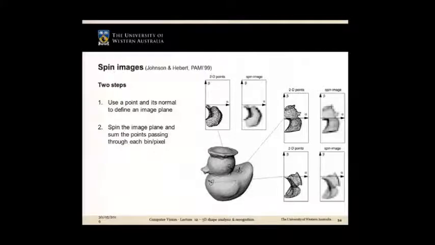Just think of we have this object, and we have a surface normal here, and this is your spin image. You just spin it around, right? And it intersects with the object. It captures the 3D information about the surface and stores it in this 2D histogram, right?